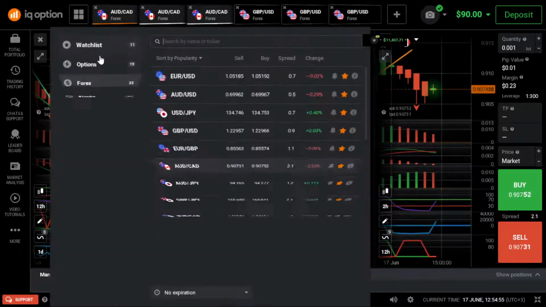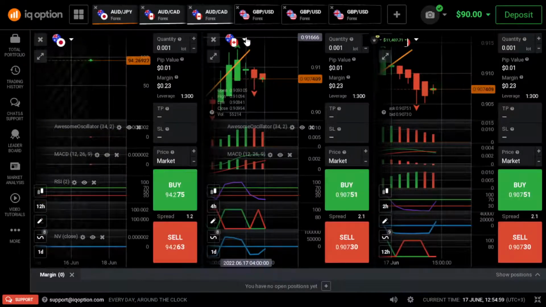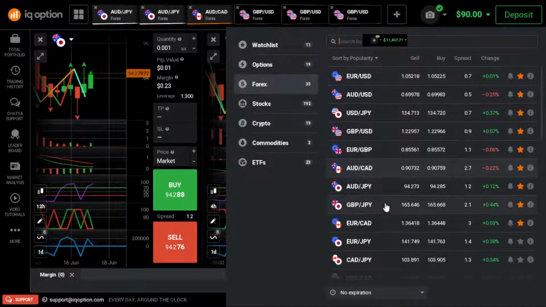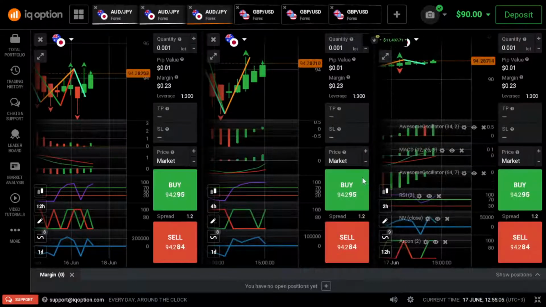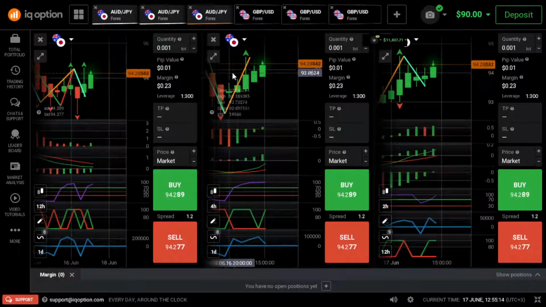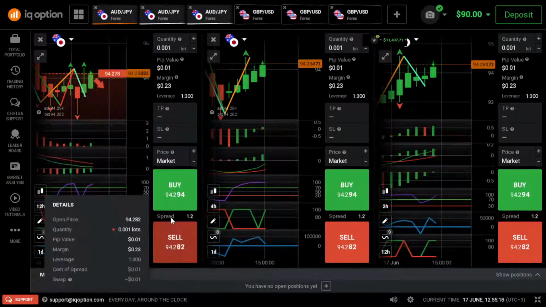Heading over to AUD GBP, looking at AUD GBP. Yep, AUD GBP in 12 hours is actually still in an uptrend, but it has some resistance. So let's look at its day perspective.